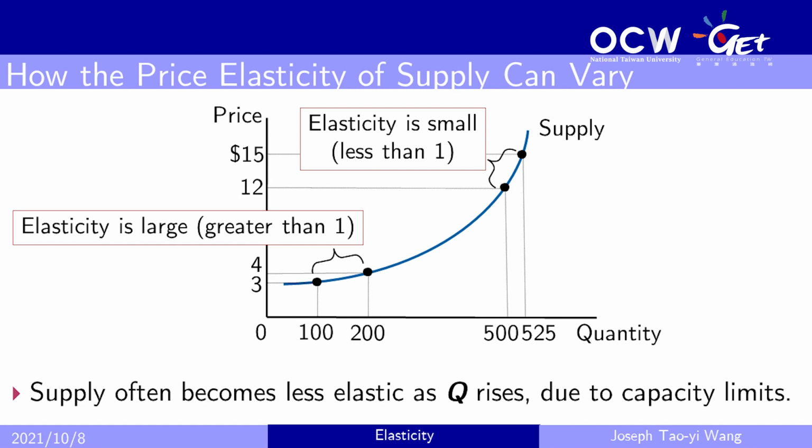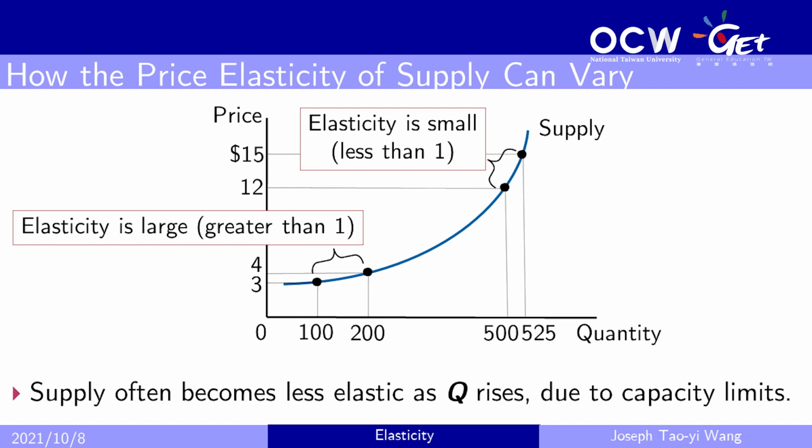The price elasticity of supply is large at smaller quantities. But when quantity goes up, supply becomes less elastic. So here you see that the supply curve is not a straight line. It's flatter at lower quantity, but steeper in the end. Drawing a straight line is a simplification.